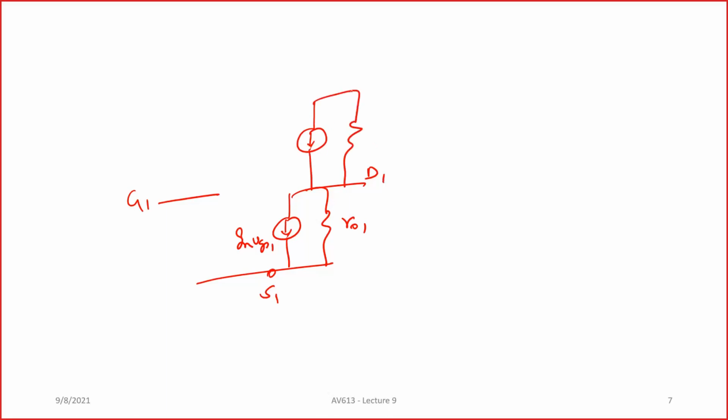This is D1, this is D2, this is R02, this is GM2 VGS2, and your gate here is grounded because of small signal ground, this is G2. Now you can derive your small signal output impedance. We will do that in the next class. In the meantime, you can try to attempt this.